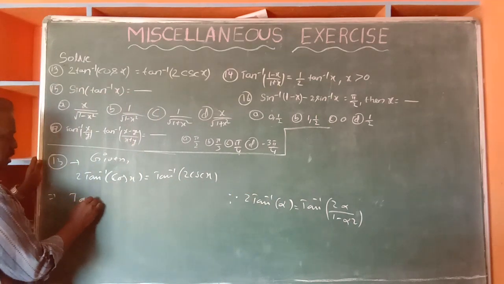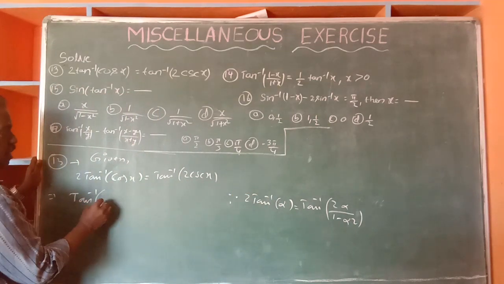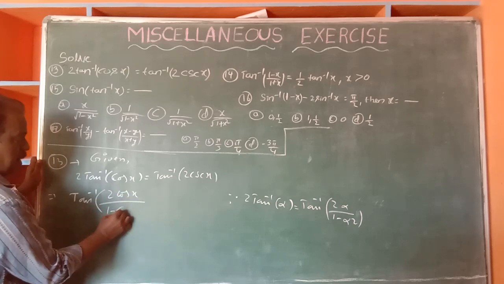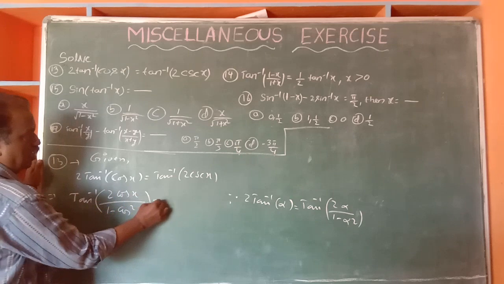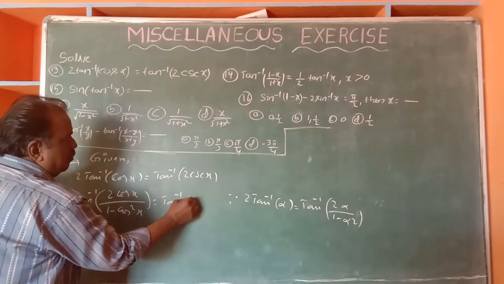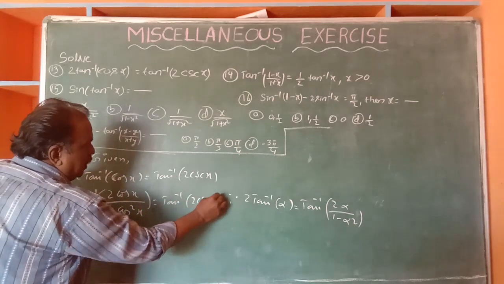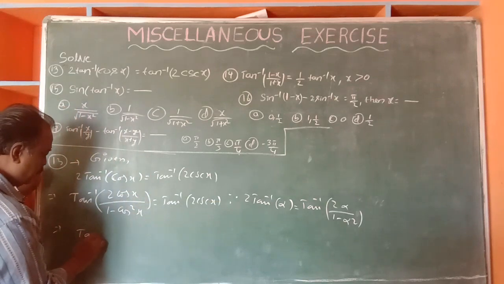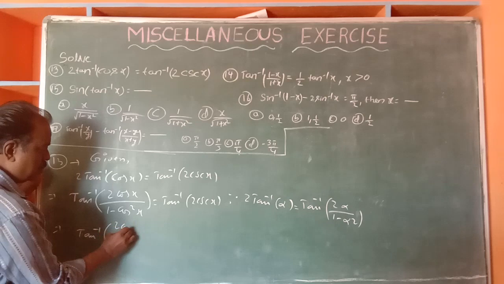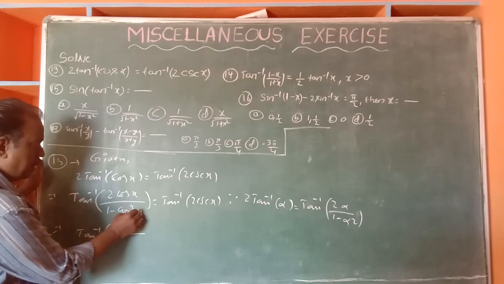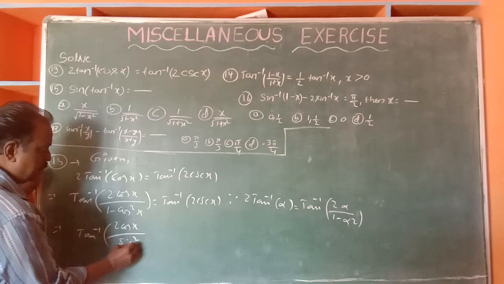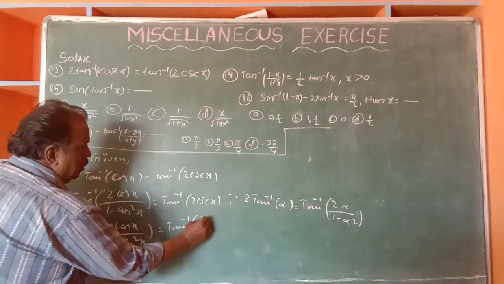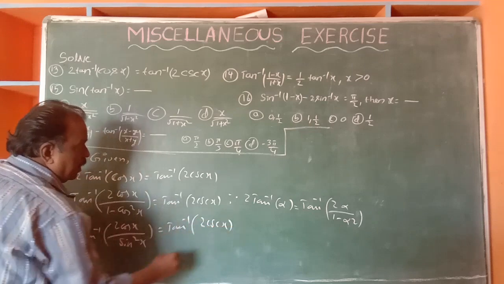Here alpha means cos x. So it can be written as tan⁻¹ of 2 cos x by 1 minus cos²x, equal to tan⁻¹(2 cosec x) as it is. Here it is tan⁻¹ of 2 cos x by sin²x, equal to tan⁻¹(2 cosec x).